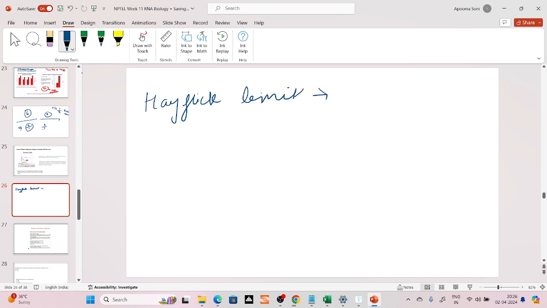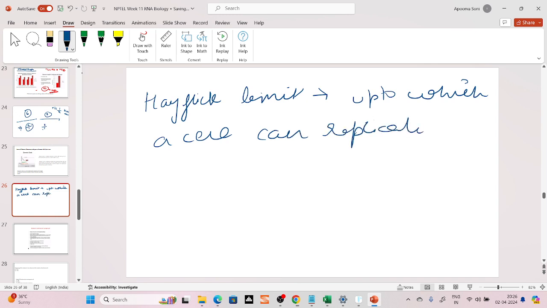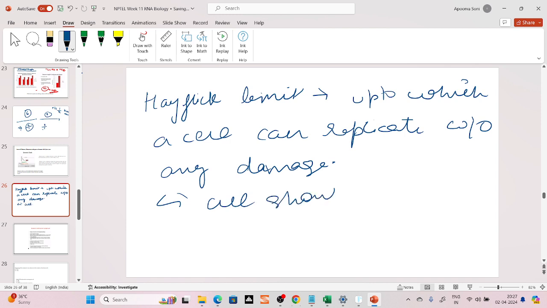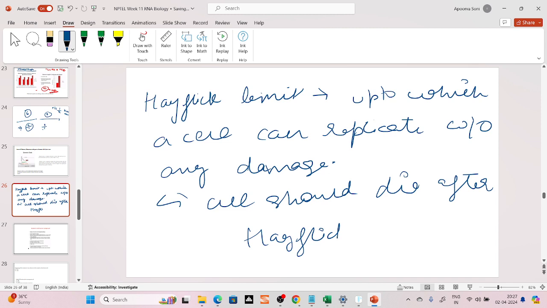Hayflick limit is the limit up to which a cell can replicate without any damage, and mostly cells should die after the Hayflick limit.